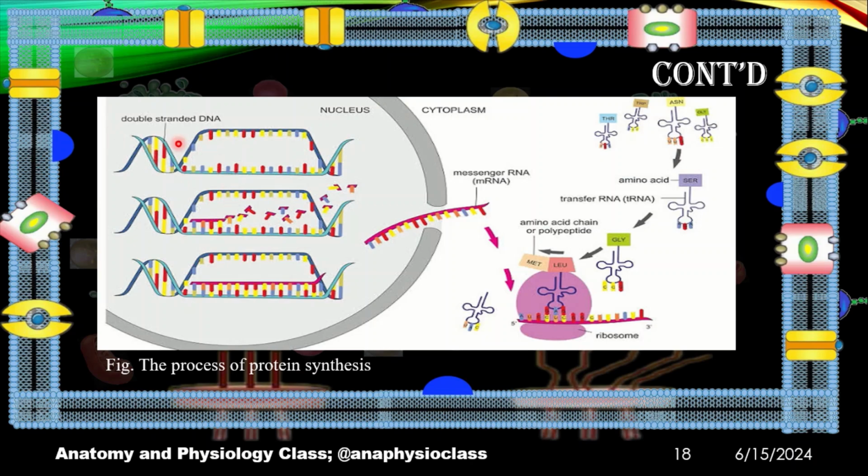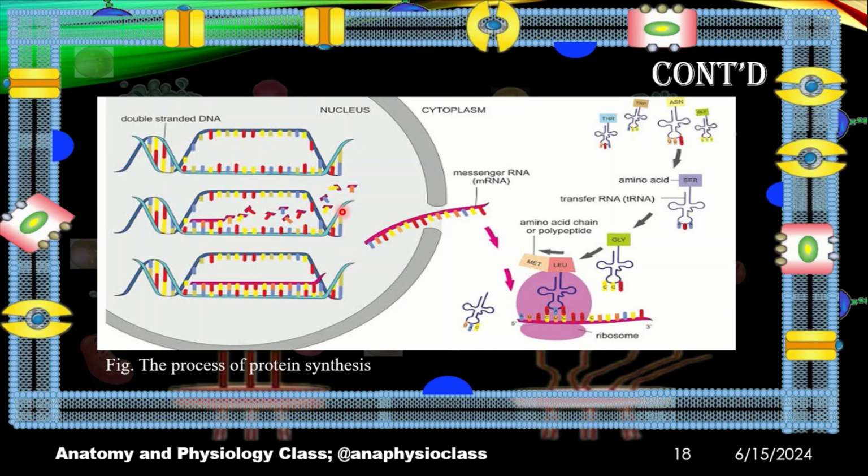So we said the steps include DNA transcription and RNA translation. DNA transcription is the copying of a segment of DNA into messenger RNA. What happens is that there is an enzyme known as RNA polymerase, which attaches itself to the terminal end of DNA, thereby dividing that double helical structure of DNA into two strands.